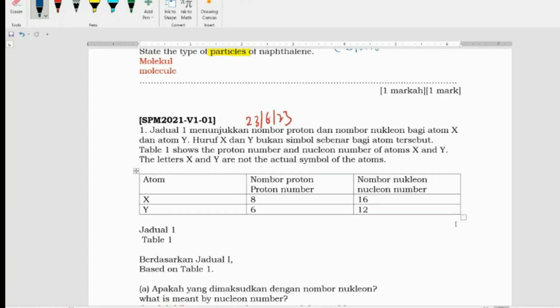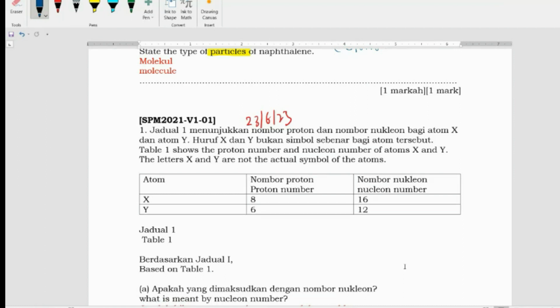Okay, A. Camilla, can you read this question? What is meant by nuclear number? Okay, so have you answered this question? What is meant by nuclear number?